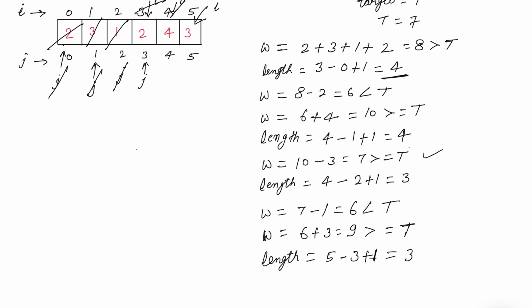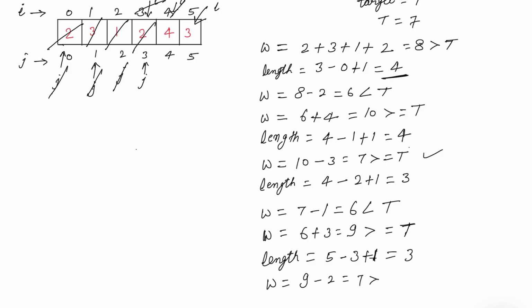Now what I will do, I will decrease a starting element, that means beginning element. That means at fourth position this 2. So if I remove 2, so sliding window size will be 9 minus 2 equal to 7.